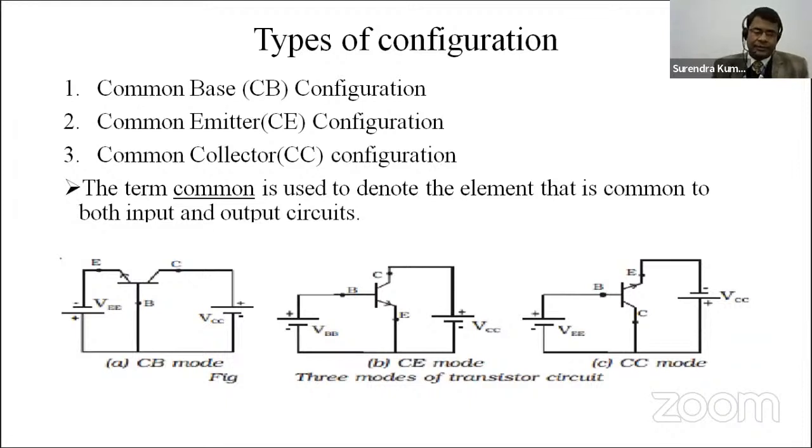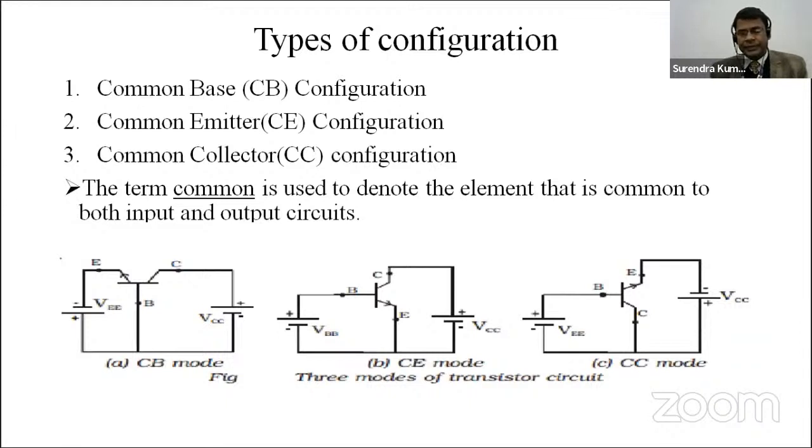In this first configuration, the circuit is shown over here, in which the base terminal of the transistor is common for both sides, input as well as output. So this is the circuit for common base configuration of transistor.